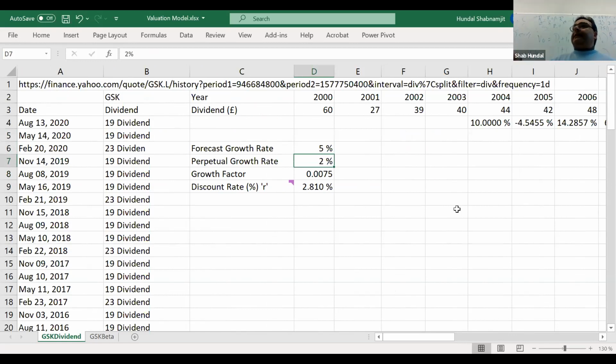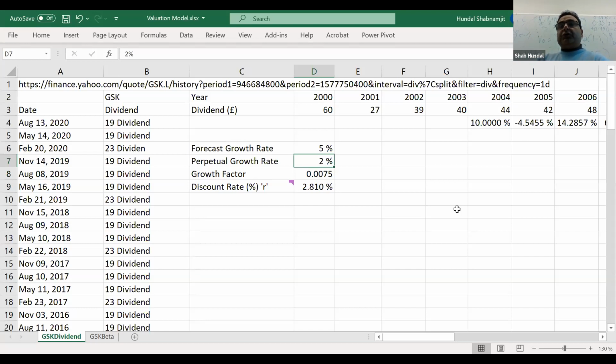And one more reason I chose 2% is that COVID is now in the picture, and like any other company, GlaxoSmithKline will also have this impact for a long time. So that's why I was a little bit pessimistic in my estimate.